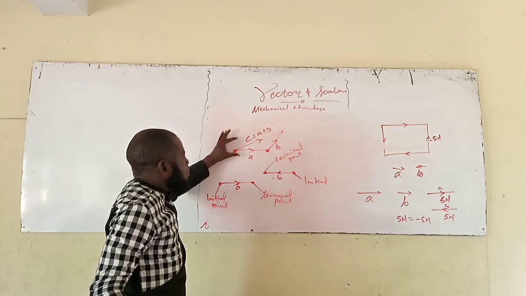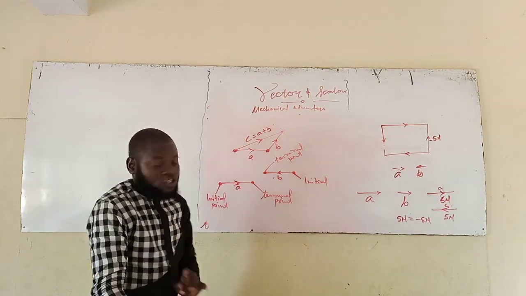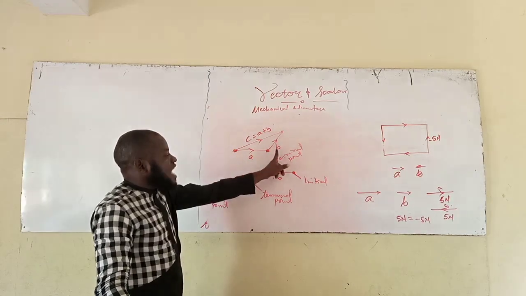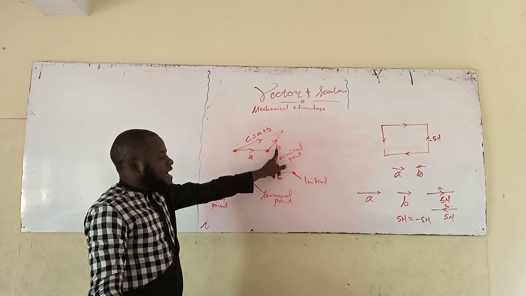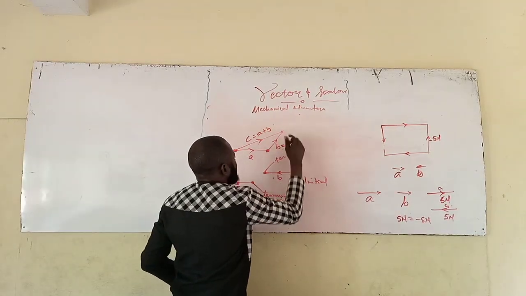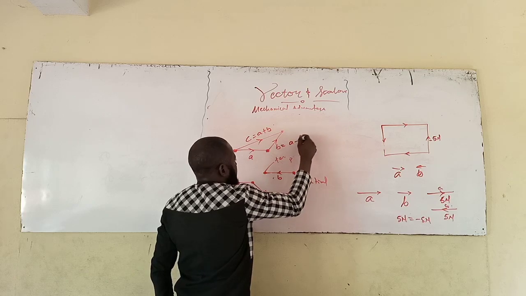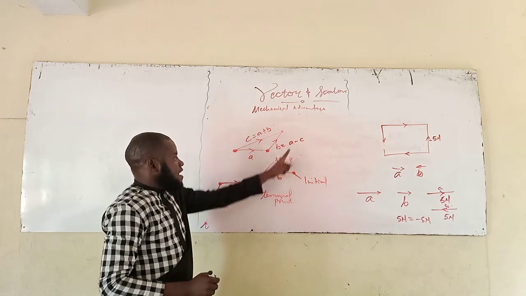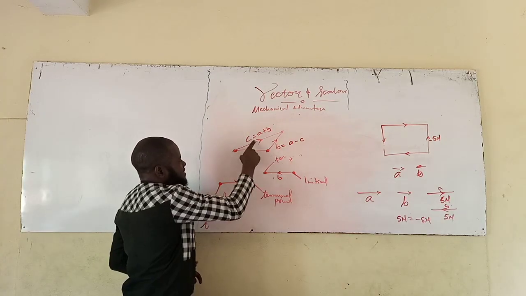Correct. They are facing opposite direction, because they are both sharing the same initial point. Therefore, their resultant, which is B, is going to be A minus C. Have you seen this now? It's going to be A minus C.